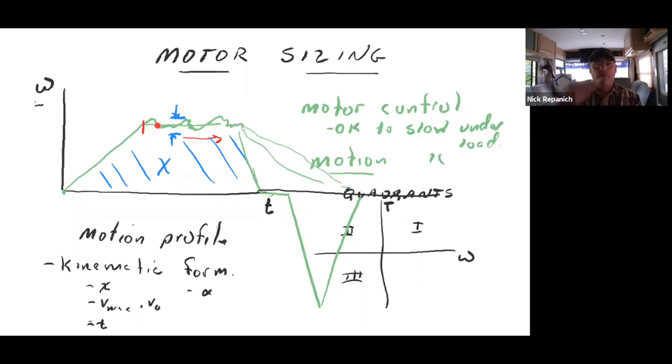We're not going to spend too much time on motor control, because with motor control you really don't care that much about this area. You're focusing on how much torque, and you're in quadrant 1, and I'll bet half the applications I saw on the board were just motor control.